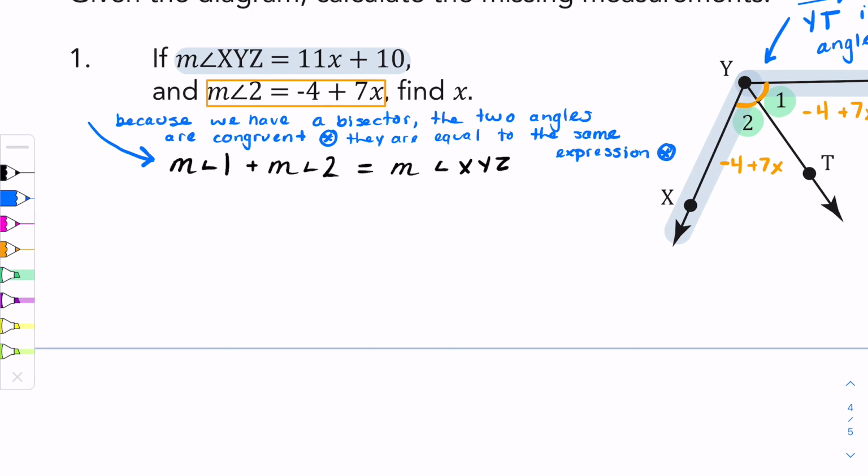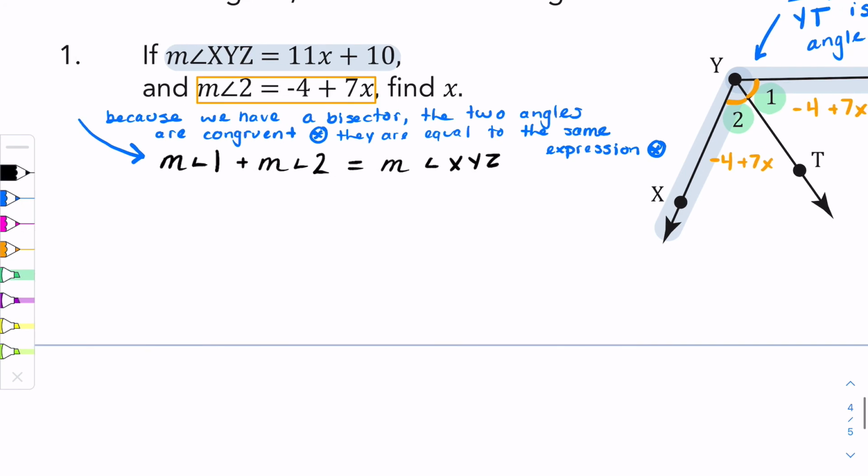So if these two angle measures are equal to the same expression, I'm going to fill in -4 plus 7x for both of them. And we know that this is equal to 11x plus 10. Again, the two smaller angles add up to the larger angle.